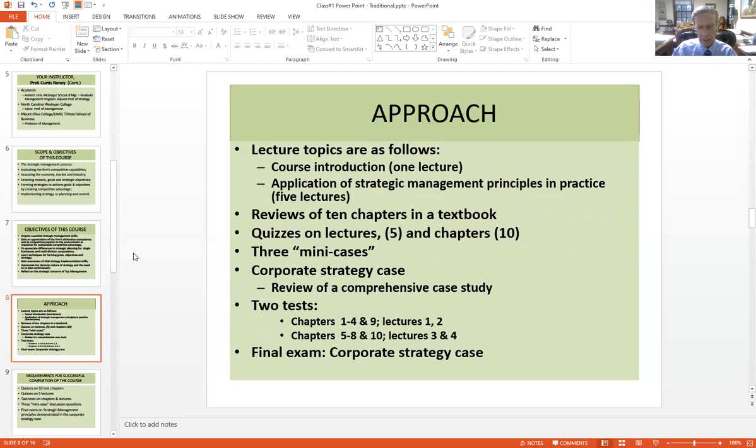And that means that the work that we normally would do in a traditional 16-week course, we have less than half the time that is available in a traditional course. And we have to compromise a few things and be very efficient.